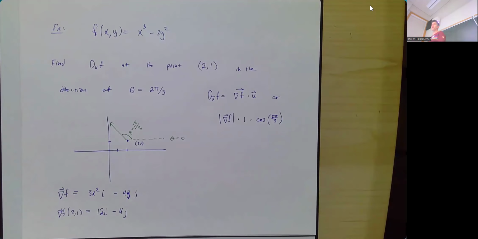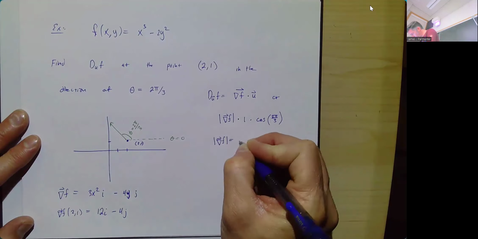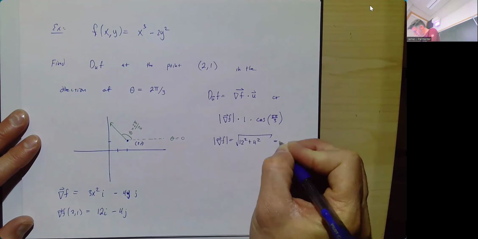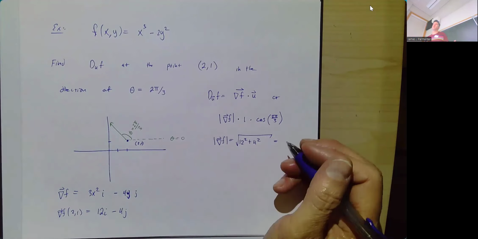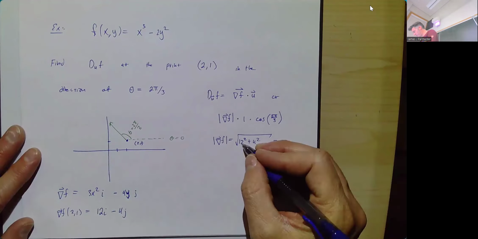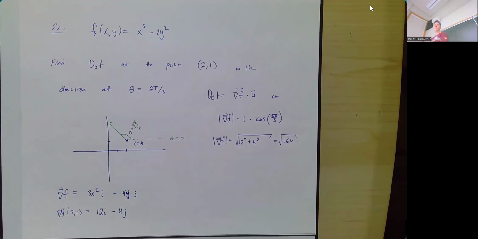The magnitude of my gradient is going to be the square root of 12 squared plus negative 4 squared, which is 144 plus 16, which is 160 in my square root.